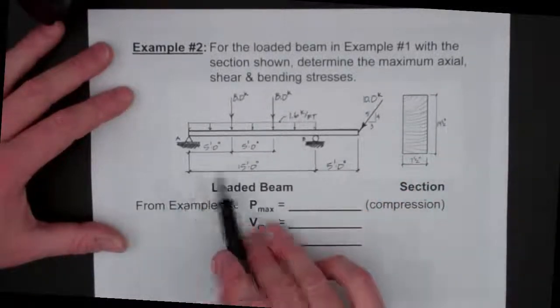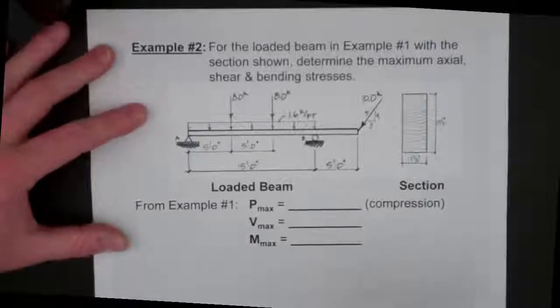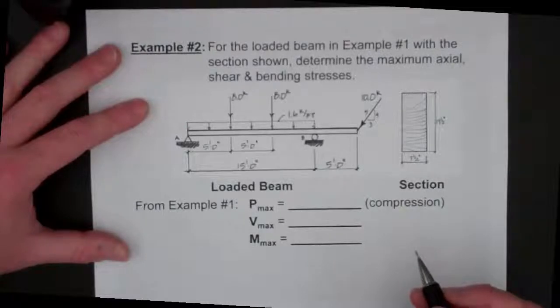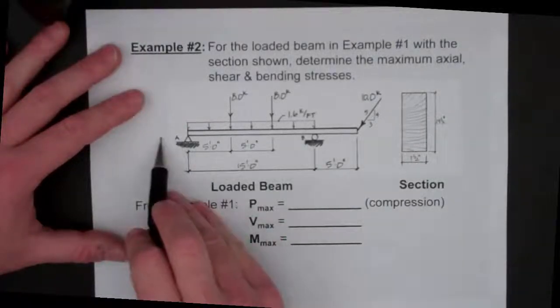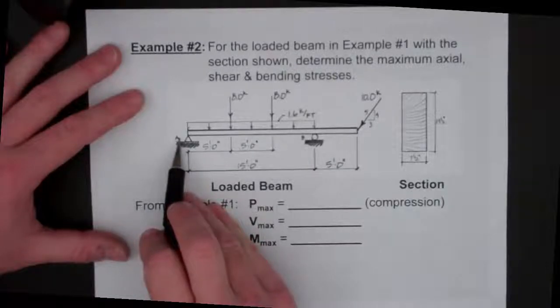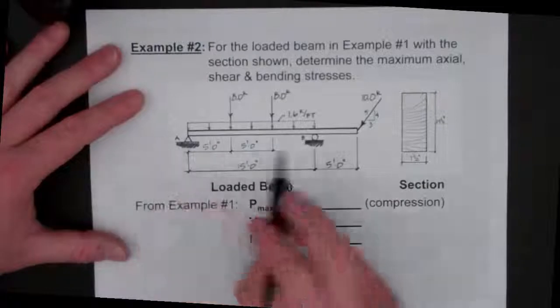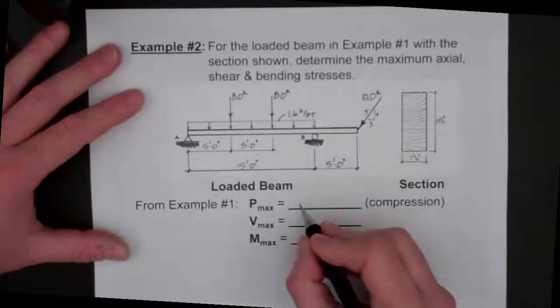So from example 1, we calculated the max shear and the max moment, but we can tell by observation that we only have a 6 kip horizontal reaction at A, which means that we have a constant horizontal force in this beam. So we can write down our P max as compression of 6 kips.